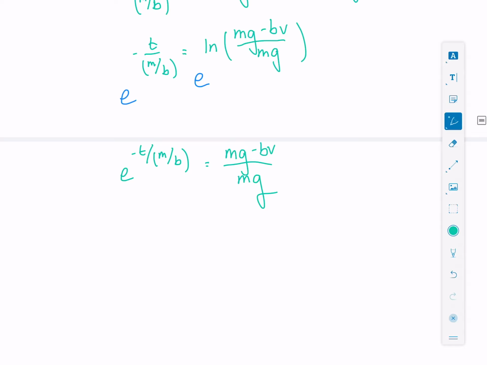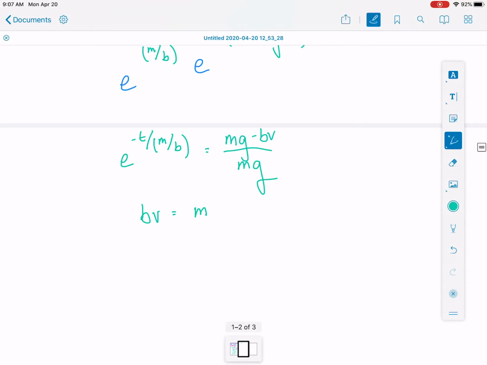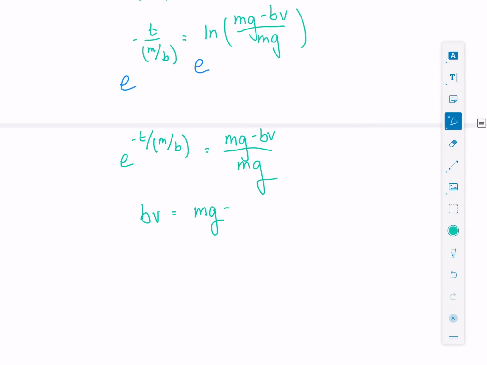All right, we're trying to solve for v. So let's start rearranging this. I can therefore say bv is equal to, just multiply the mg up and then bring it to the other side. So I'm skipping some steps. mg minus mg e to negative t over m over b.